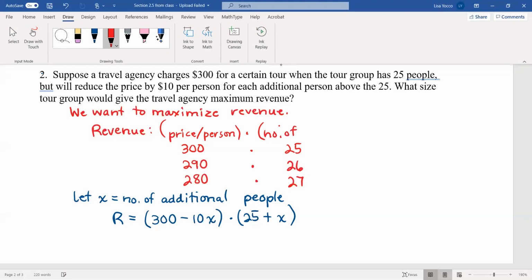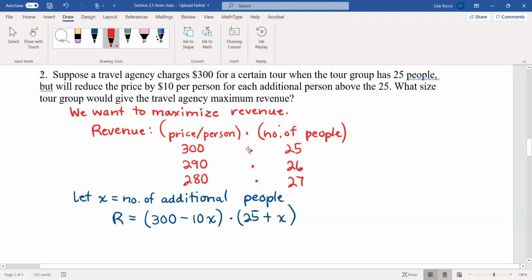I just put the wrong numbers under the columns. Okay, sorry about that. So 300 for 25, it drops $10 for one more person, drops another $10 for an additional person. So if X is the number of additional people, that's our equation.